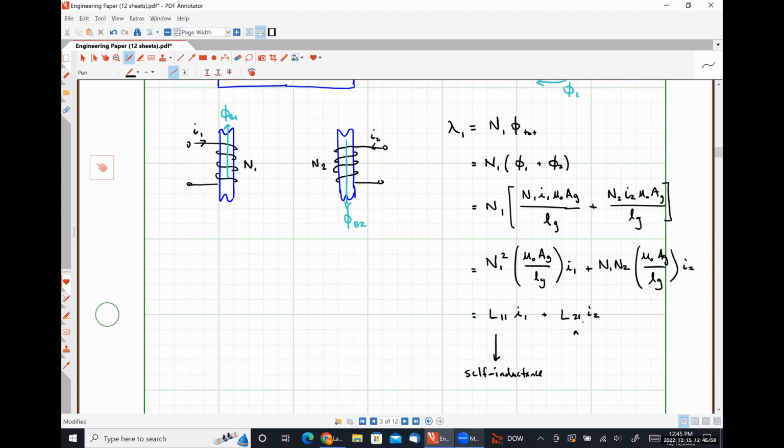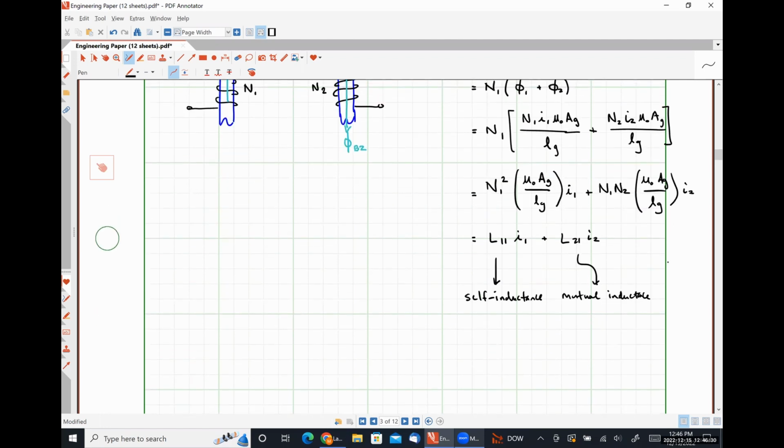And L21 is what we're going to call our mutual inductance. It's related to how much flux is flowing through coil 2 because of the MMF in coil 1, or vice versa. But since we're looking at flux linkage 1 here, this is going to be specifically, let me write this down.